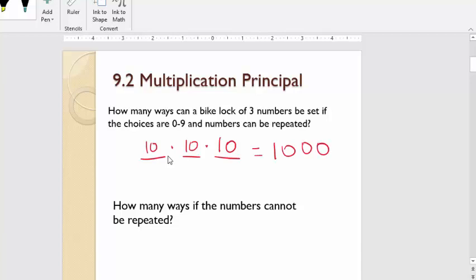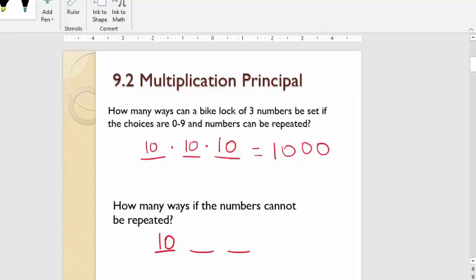Another type of lock might say that the digits cannot be repeated. So I still have 3 numbers in my combination, and the first number would have 10 different choices, 0 through 9. But let's say the first number was a 1. Well, that means I can't use the 1 again.